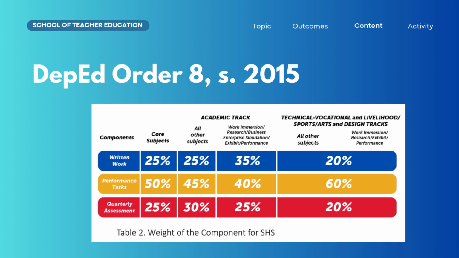This is also the grading system offered for the senior high curriculum, in which core subjects have a different computation from all other subjects and work immersions, and the academic track is computed differently from TVL or other similar tracks under technical, vocational, and livelihood education.